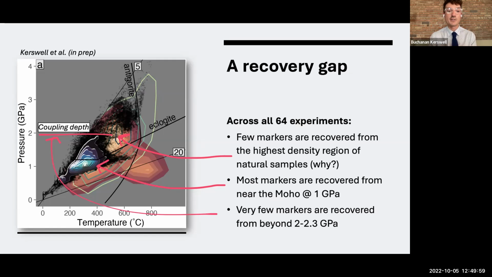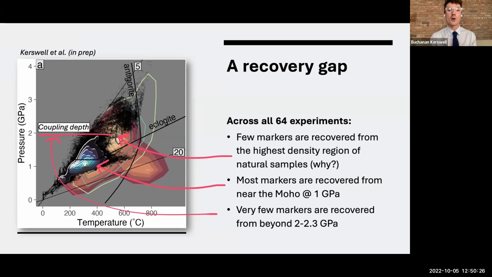The black point cloud and the blue Tanaka contours represent the numerical data. So you gather up all of the recovered markers in all of our 64 simulations, and you look at the distribution of where those markers get recovered in terms of their maximum metamorphic conditions. And we find that by and large, most markers get recovered at around the MOHO at about 1 GPa.